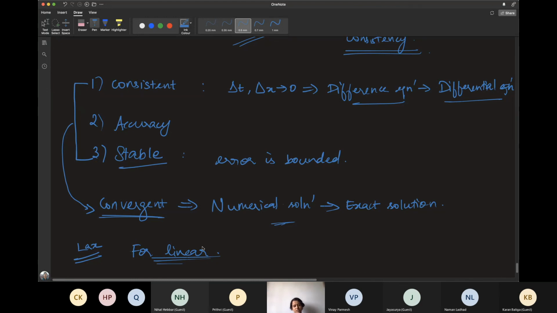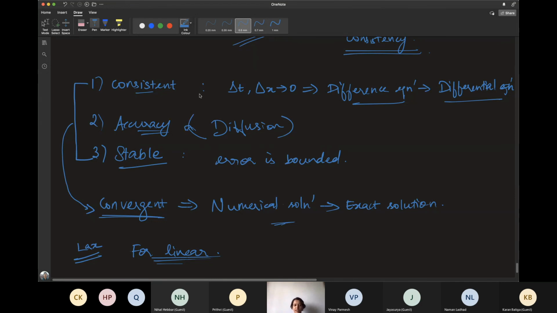For non-linear systems, it's not clear as of now, but people still think that if your scheme is both consistent and stable, then it may be convergent. Accuracy helps us in determining diffusion. A scheme of higher order accuracy has less diffusion, and a scheme of lower order accuracy has more diffusion. These are some common terms used in CFD.